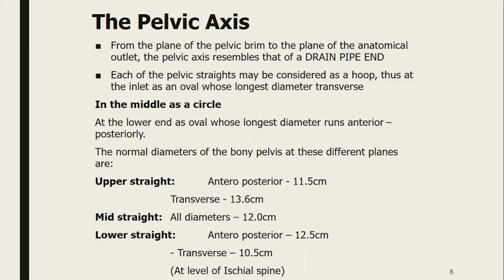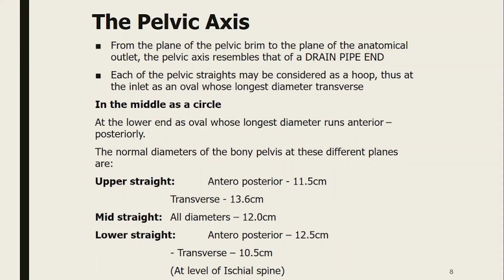That is, the transverse diameter of the inlet is longer than the anterior-posterior diameter. In the middle, looking at it as a drain pipe, it looks like a circle. And at the lower end, it is an oval whose longest diameter runs anterior-posteriorly.